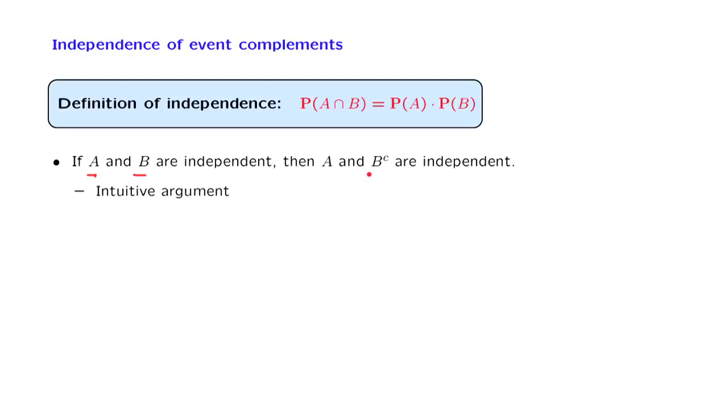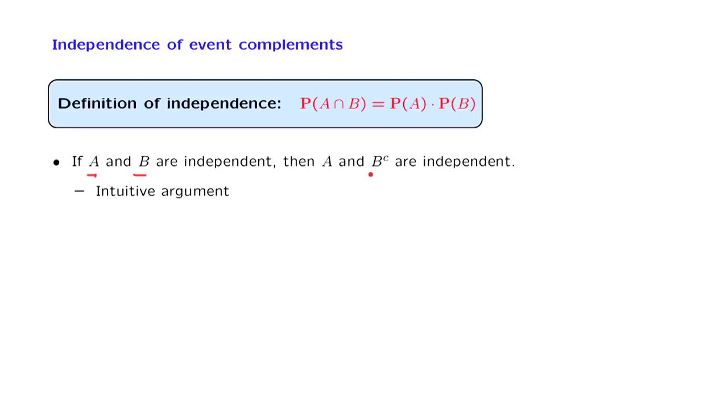So A should be independent of B complement. In other words, the occurrence of A tells you nothing about B and therefore tells you nothing about B complement either.